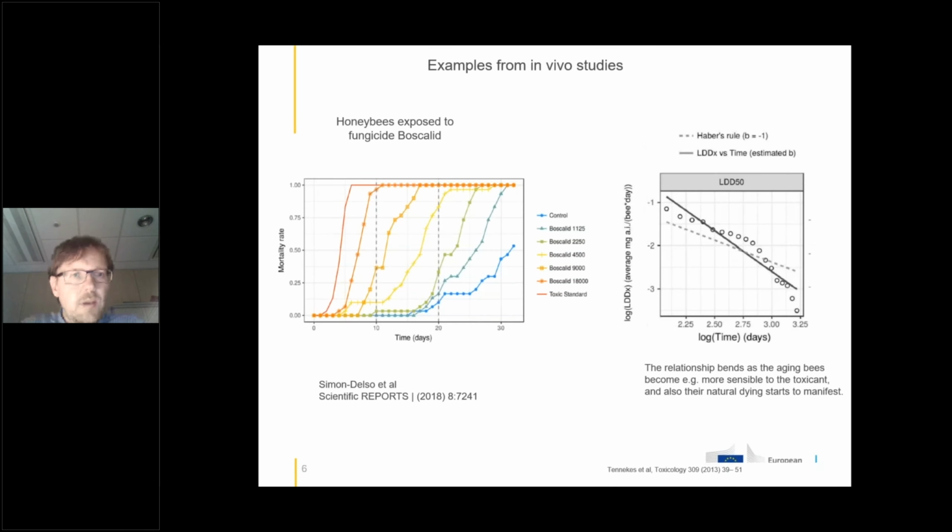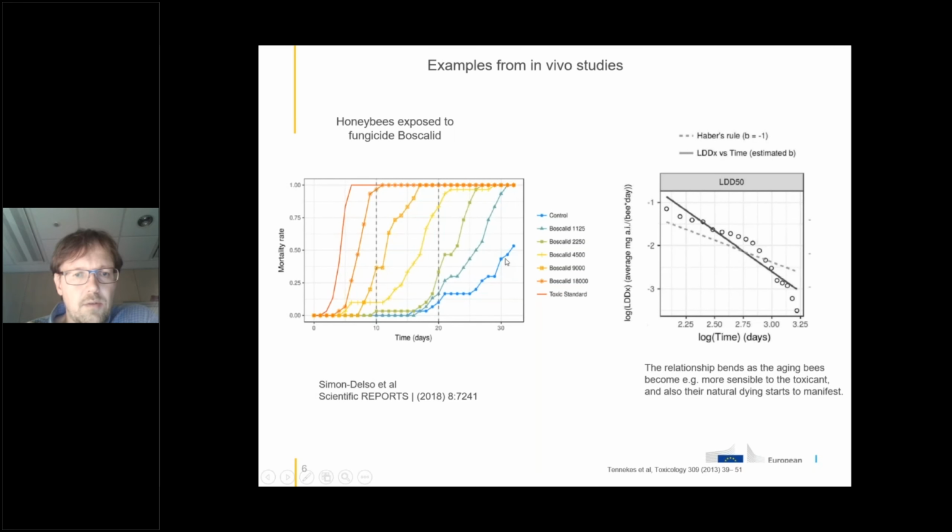Another example is here. It is taken from the work of Simon and Delso, where they measured the mortality rate of honeybees when they were exposed to boscalid, which is a fungicide. So on this graph you have the time in days. The blue one is the control, so the natural mortality of the bees.